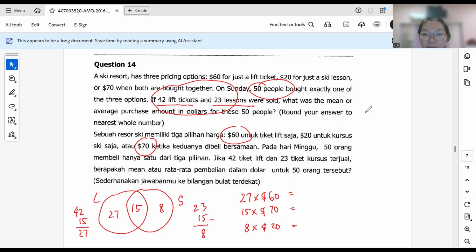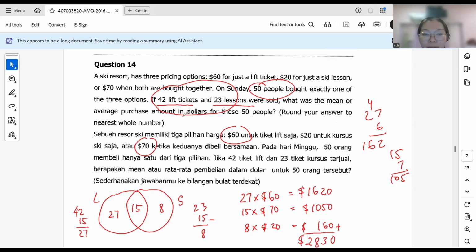So you count everything, 27, 15 times 7, this is 160, add up, right?